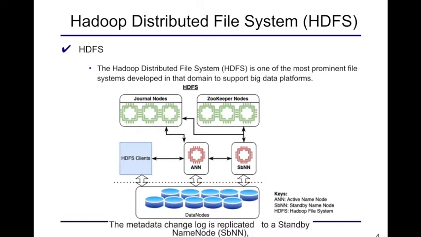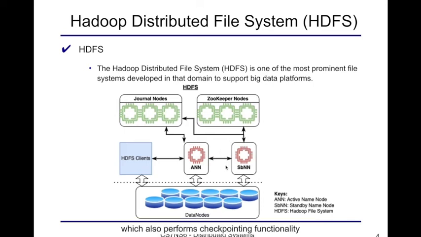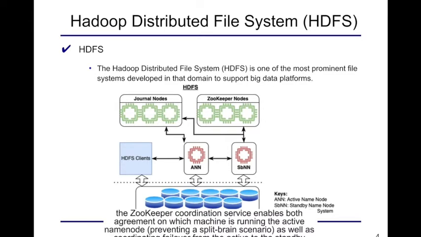The metadata change log is replicated asynchronously to a standby name node, SbNN, which also performs checkpointing functionalities. In HDFS, the Zookeeper coordination service enables both agreement on which machine is running the active name node, as well as coordinating failover from the active to the standby name node.